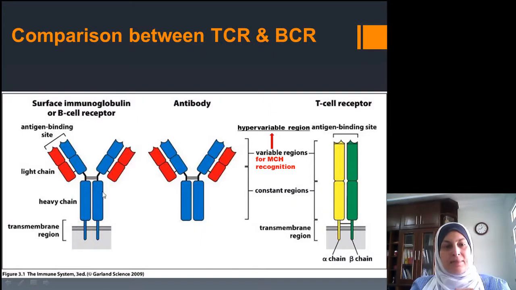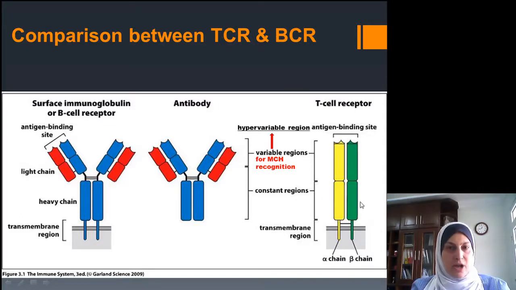One thing that is specific about the B cell receptor that is not present in a T cell receptor is that a B cell, when it differentiates into a plasma cell, would be able to produce antibody that has the identical structure of a B cell receptor, but this can be secreted into the blood.